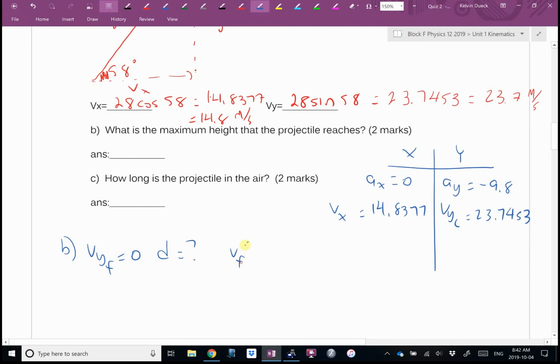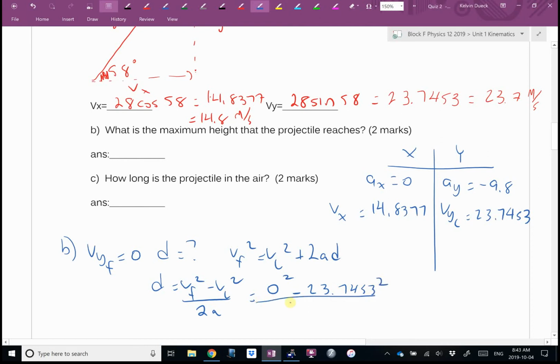I'm going to use VF squared equals VI squared plus 2AD. We haven't used that one much lately, but it's important. So that means that D is going to be VF squared minus VI squared all over 2A. It's going to be 0 squared minus 23.7453 squared all over 2 times negative 9.8.